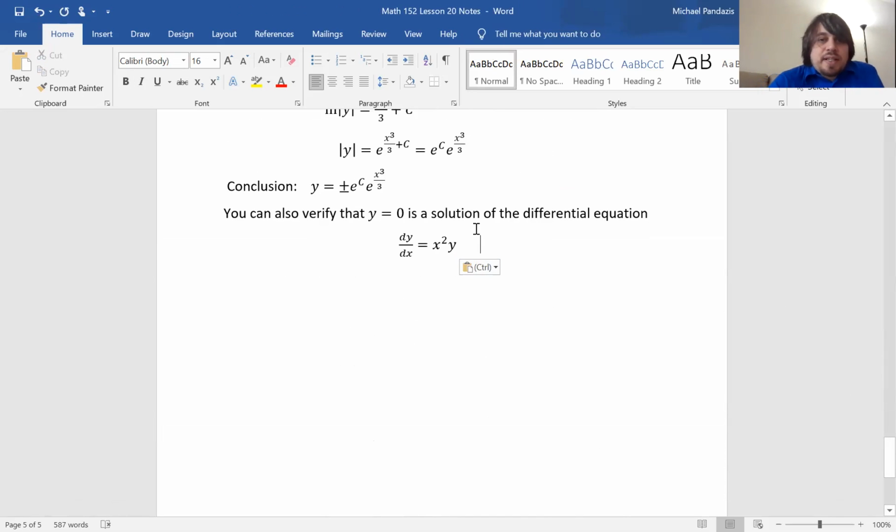So you can see if y is 0, its derivative is 0, and the left and right side are both 0. So you can verify that y equals 0 is a solution of the differential equation since both sides become 0. Its derivative is 0, and 0 times anything is 0.